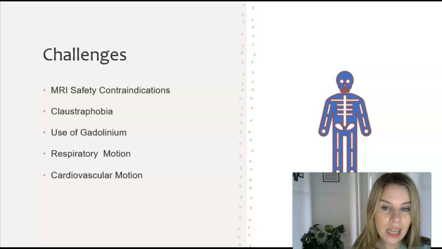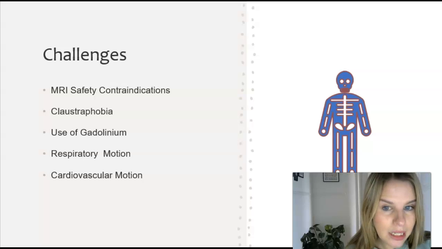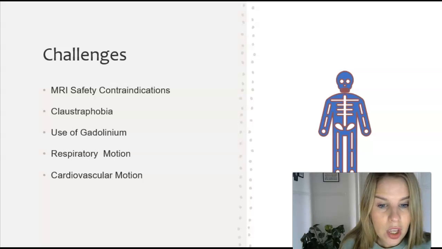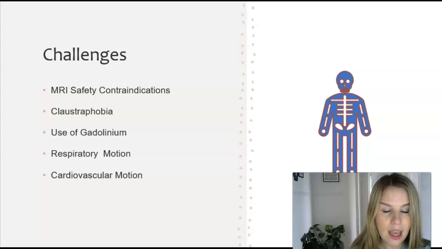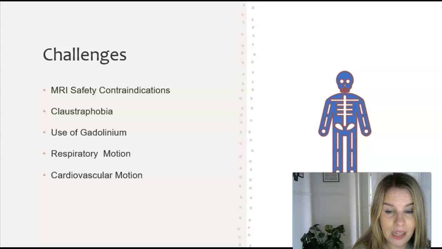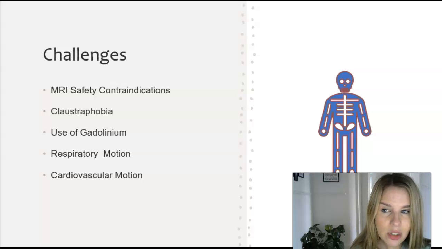There's also the use of gadolinium, which is a safe contrast agent, but there are some side effects, and there's nephrogenic systemic fibrosis, which you would have covered in AI, and that can really be very dangerous for patients who have got severe kidney problems. And there is also gadolinium toxicity.